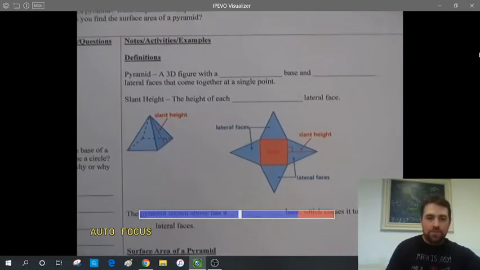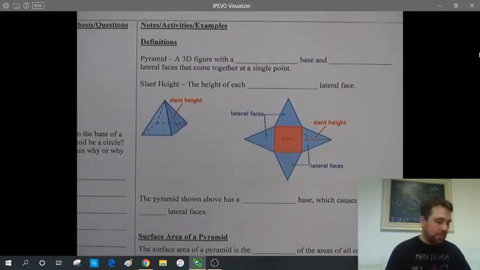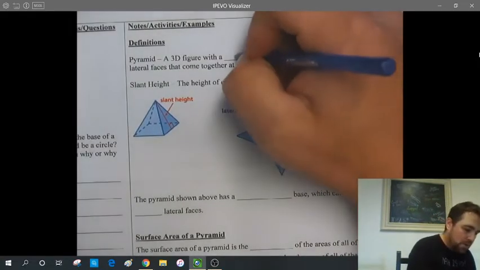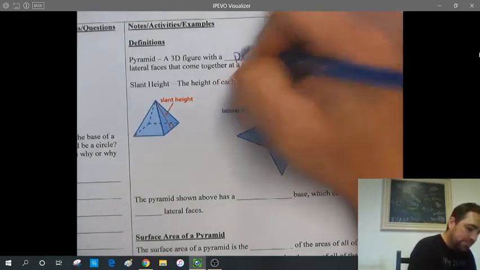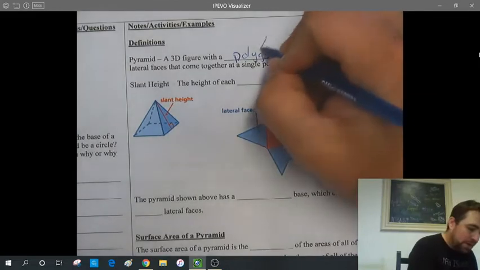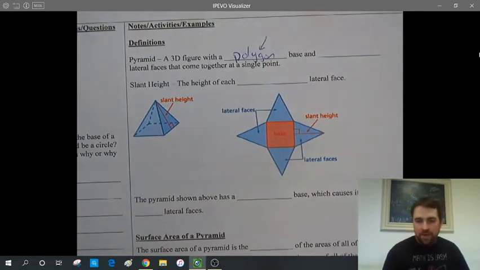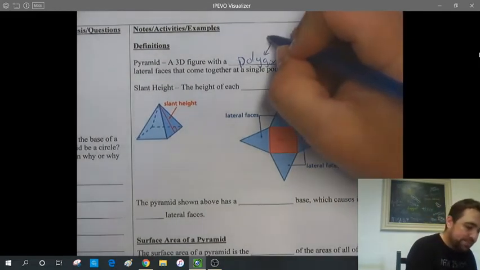All right, so starting off here, pyramid. A pyramid is a 3D figure with a polygon base, which again, a polygon is any figure or any shape with more than two sides.